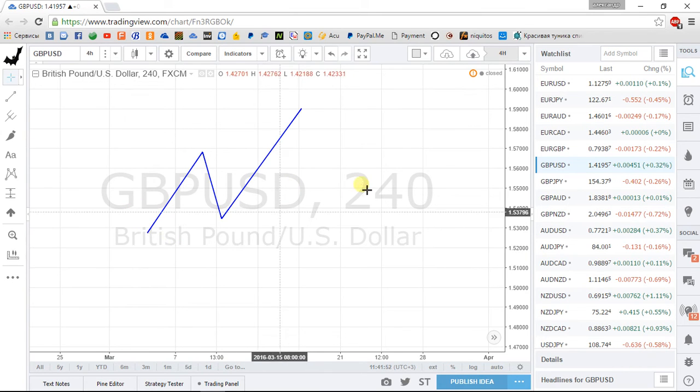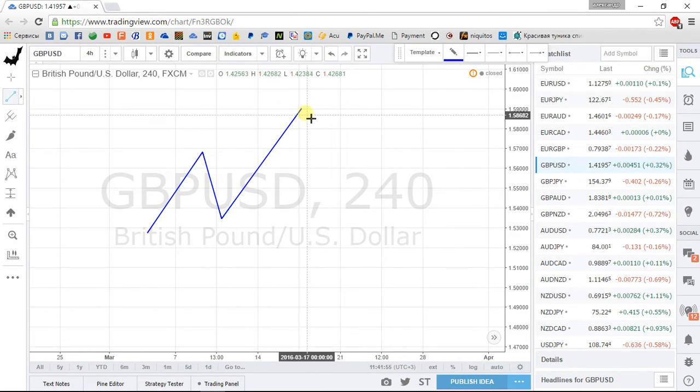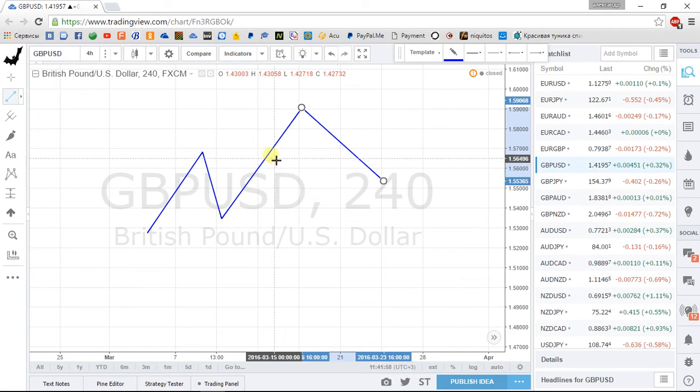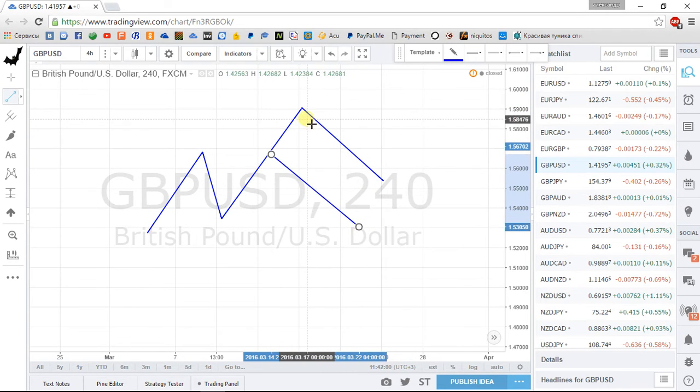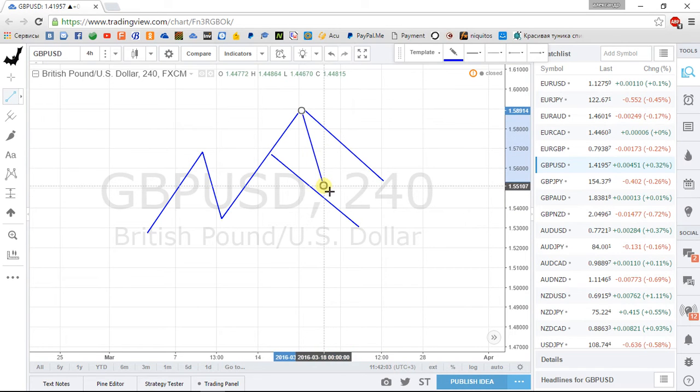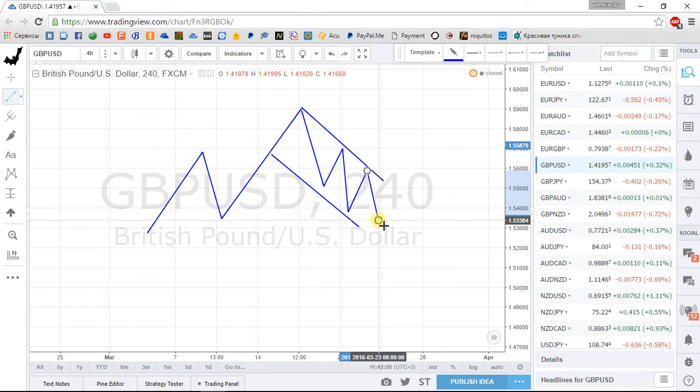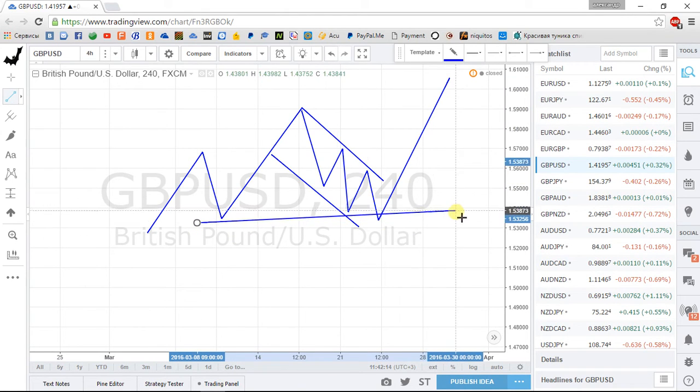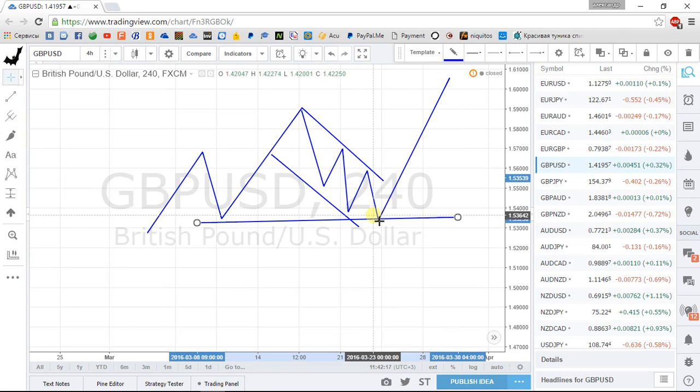Okay, what are other formations? They are again some corrections, and these corrections can have this structure, just moving between some lines, and then we shouldn't violate this low. Maybe we can have some retest here, but we shouldn't violate that and go to the downside, to the upside, sorry. So this formation is called a descending channel, or a flag, or whatever you want to call it, whatever it looks like to you.